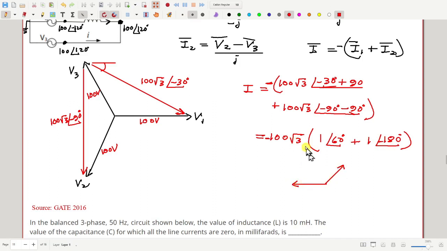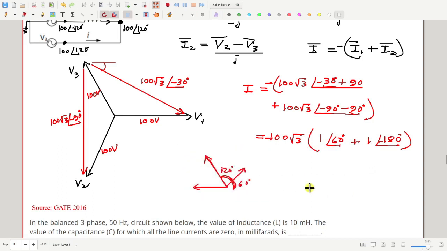What will be the sum? One vector is at 60 degree, another is at minus 180 degree. Where will be the resultant? It will be exactly halfway between. So this angle is 60 degree, so the resultant is at 60 plus 60, 120 degree. And how much will be the length?